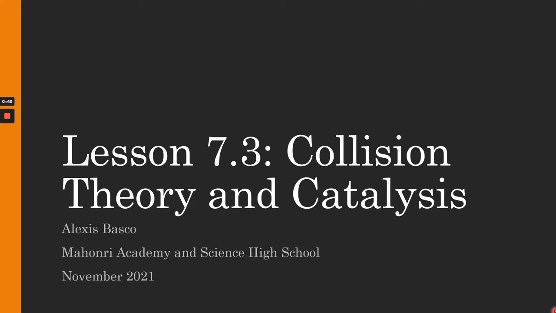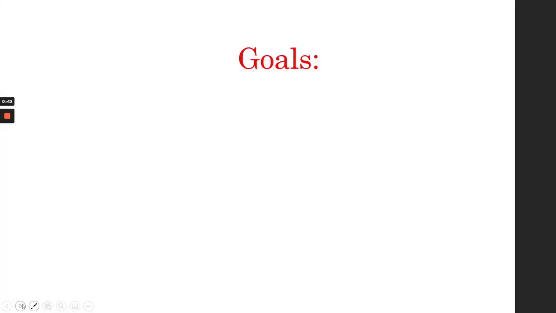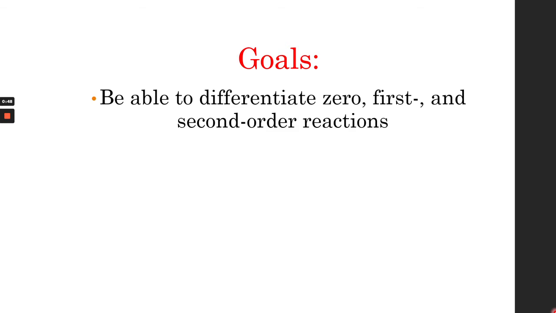So let's begin this lesson by understanding the goals of today's lesson. First is to finally understand zero, first, and second order reactions. So we've talked about how to actually find those, how to find the M and the N, and how to identify the order of the reaction.